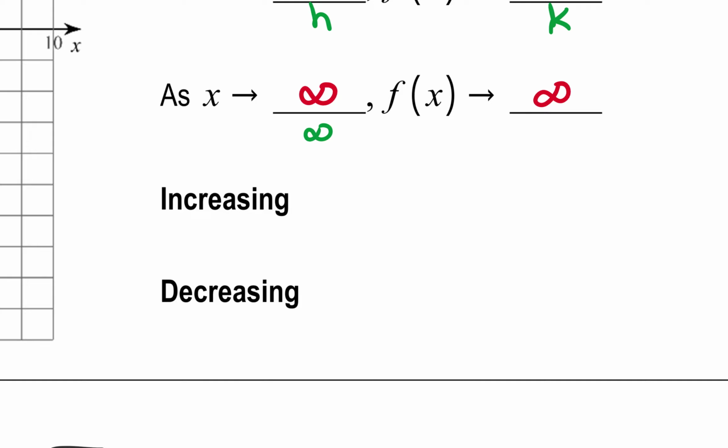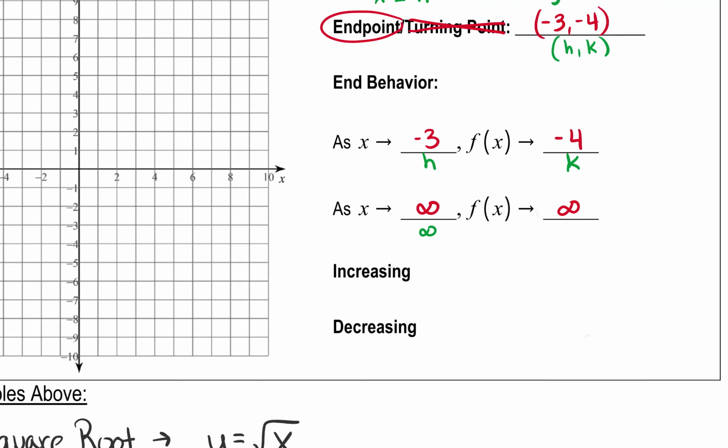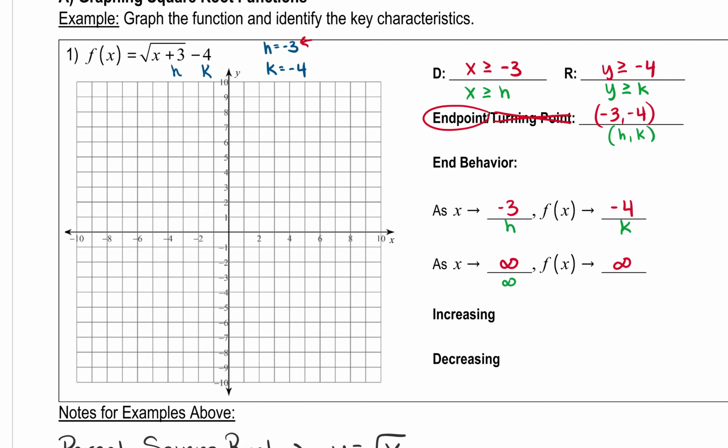Alright, so if I am looking at my notes that you have written below, if you wrote them, great. For one, well, I can only have one of them, right? So just looking at the square root, I am positive. So again, if I have a positive square root and I'm going to positive infinity, that means I'm probably going to be increasing.